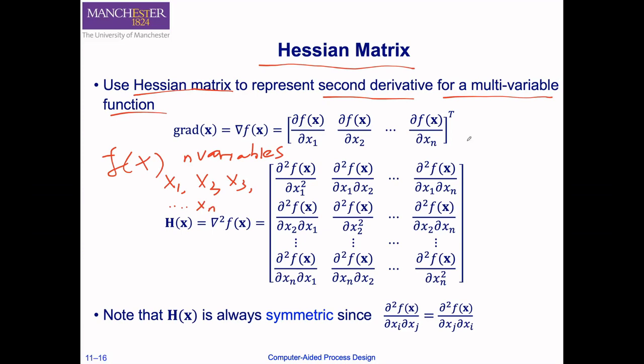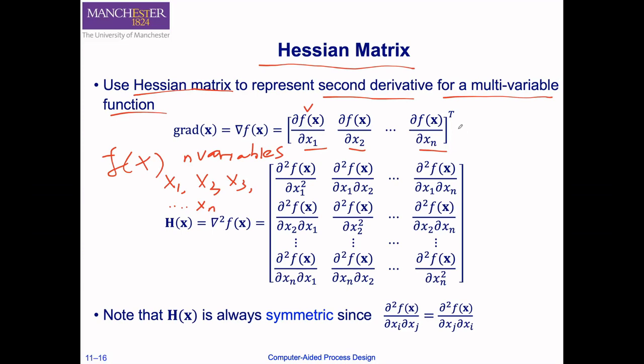To get the Hessian matrix, we first need to calculate the partial derivatives with respect to each variable x. For instance, we calculate the partial derivative with respect to x1. We also calculate the partial derivative with respect to x2, until we also calculate the partial derivative of f(x) with respect to xn.